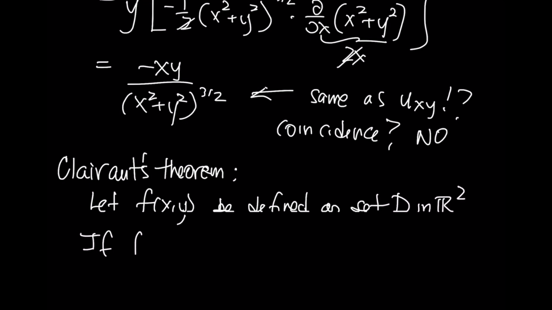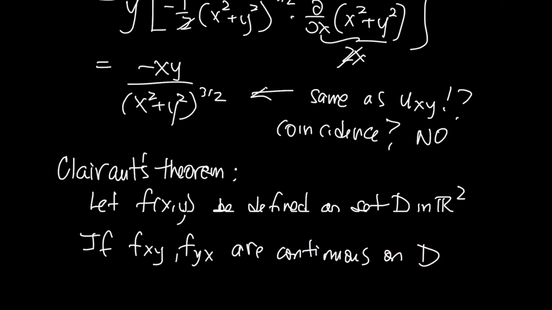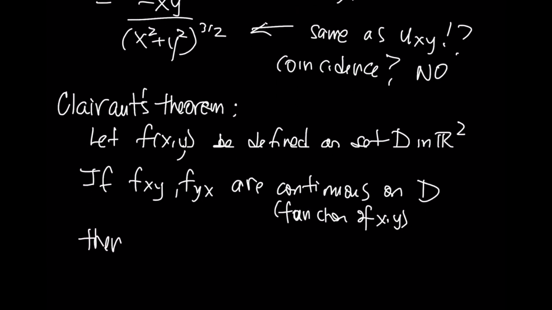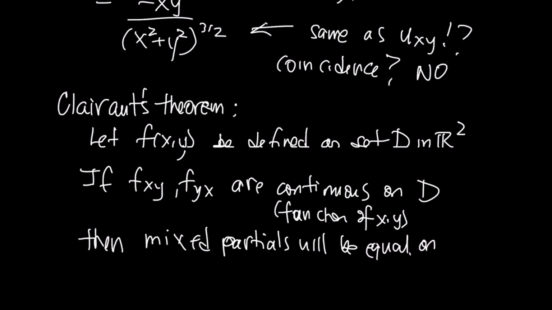If these mixed partial derivatives, fxy and fyx, are continuous on D, so they are continuous functions of x and y, then the mixed partial derivatives will be equal on all points of D. So this is in fact the guarantee that we were looking for. It is not a coincidence that those expressions were the same.